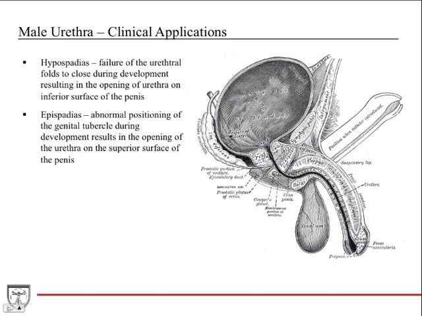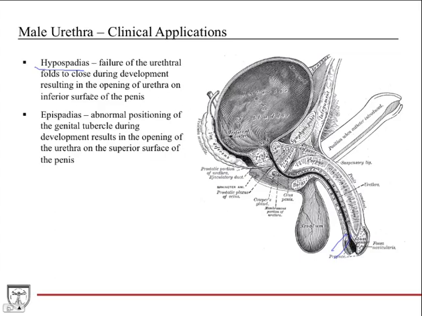Some clinical applications. Hypospadias. This is a congenital abnormality, and it's due to the failure of the urethral folds during development to close, and it results in an opening of the urethra on the inferior surface. So the urethra would open out this way, and these patients have a tendency to urinate more downward towards the floor.